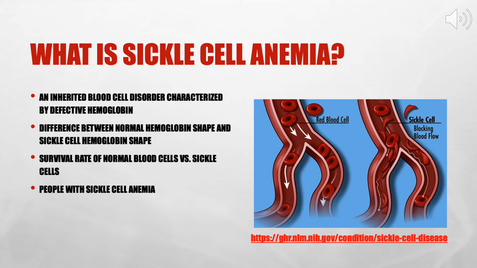This type of sickle cell disease is referred to as HbSS. It is the most common and most severe form of the sickle cell variations. Severe and chronic anemia is a common characteristic for people with HbSS.